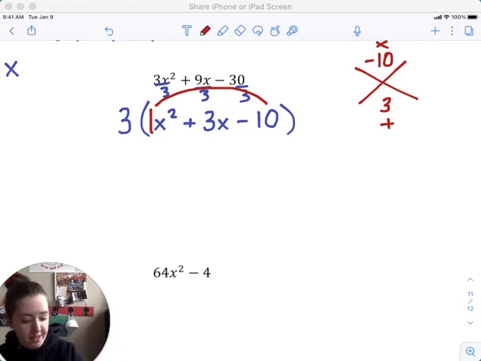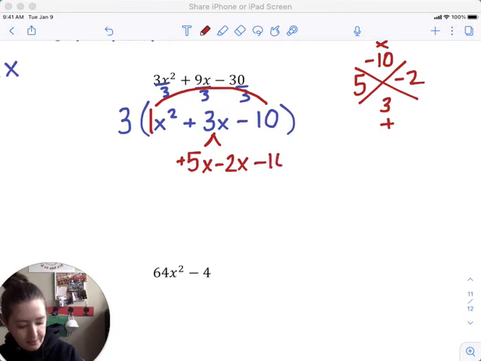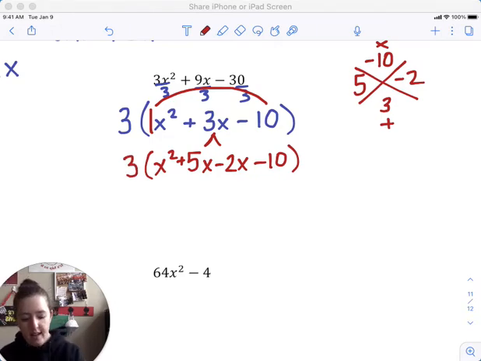So that'll be positive 5 and negative 2. So we'll split our middle term into positive 5x, minus 2x. And we still have that x squared in the front, minus 10 in the back, and we're making sure to bring down our greatest common factor.